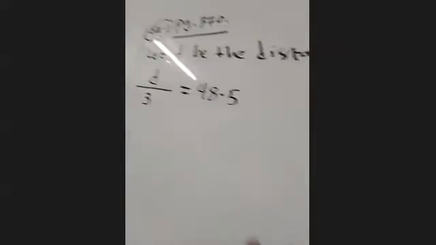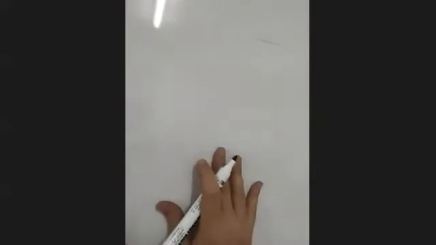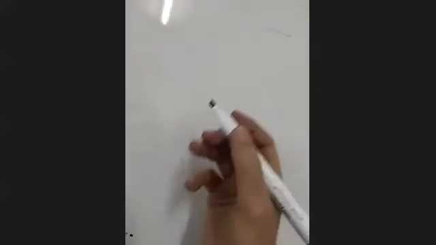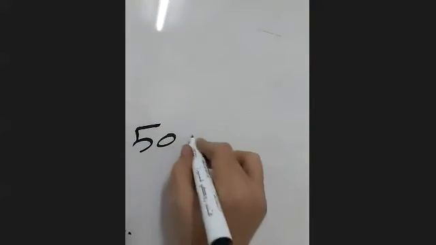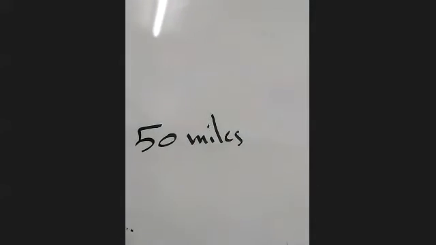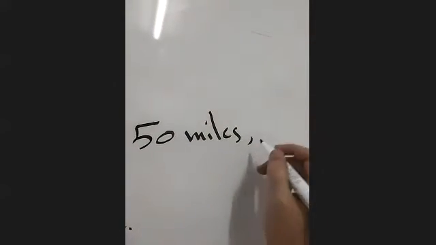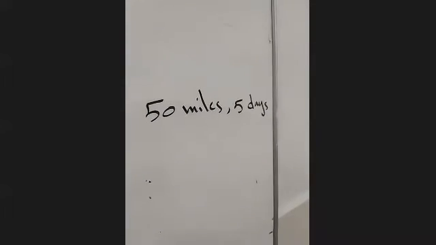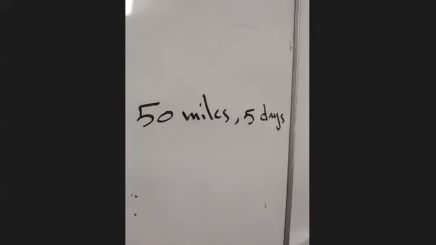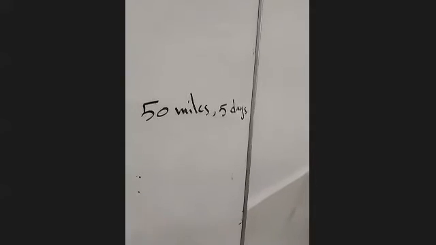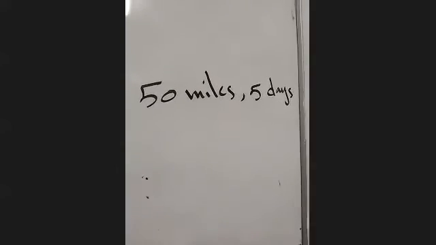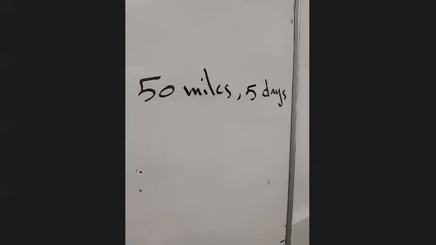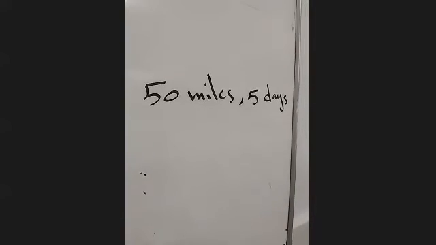Now forget the example. If the whole distance is, let's say, 50 miles, and you have 5 days, in each day how many miles can you drive or bike? 10 miles each day.